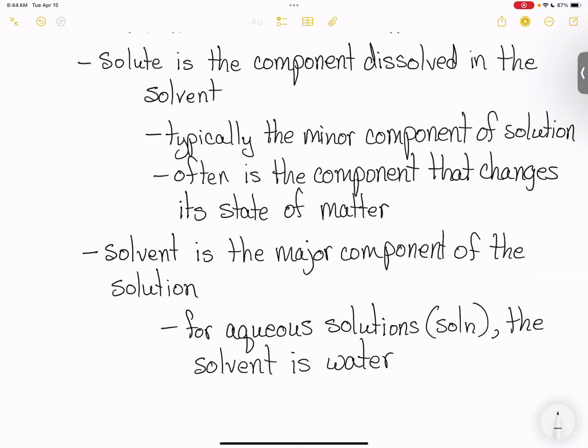Now, let me give you examples of solutions. The air you're breathing is a solution. Now, technically, it is a solution of gases. The major component, which is the solvent, is nitrogen gas, because the air you're breathing is 78% nitrogen.